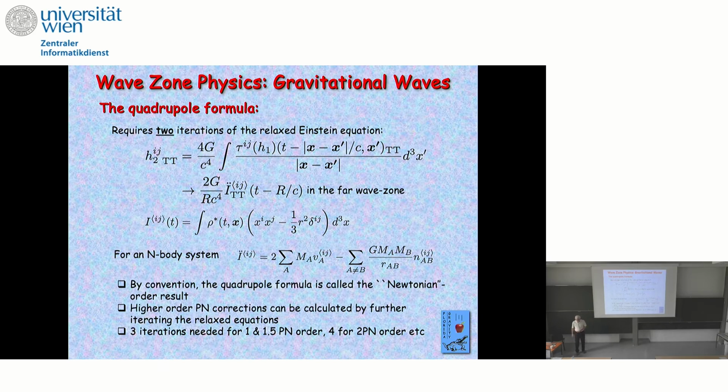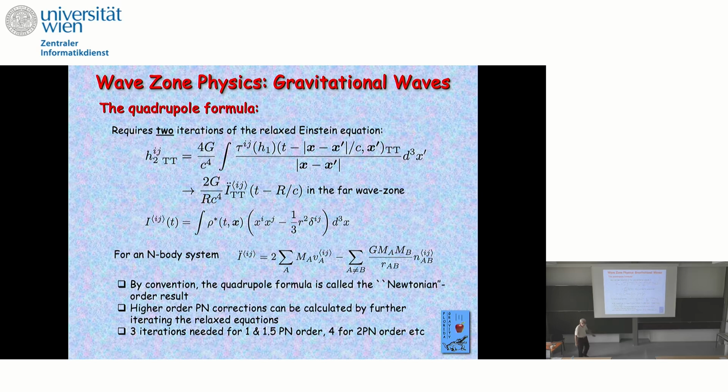Now, in gravitational wave physics, you may see this in later lectures when people talk about data analysis and the kinds of multipoles that they detect and so on. It's become a convention to talk about this quadrupole formula. It's the leading contribution to gravitational waves. It's sometimes called the Newtonian order result.